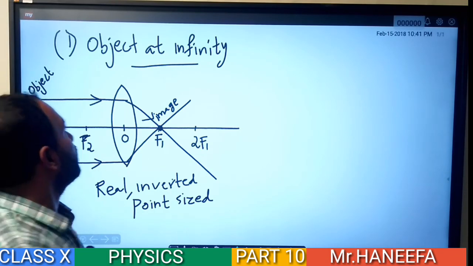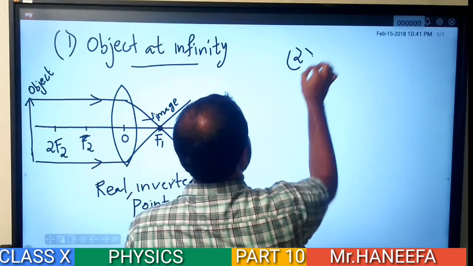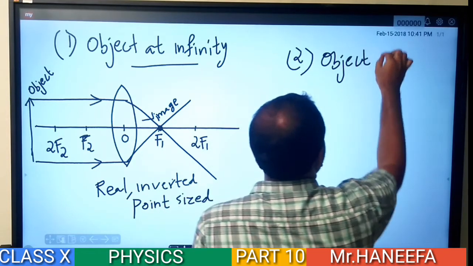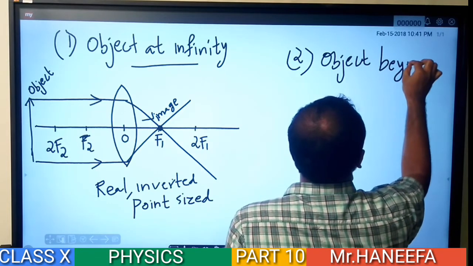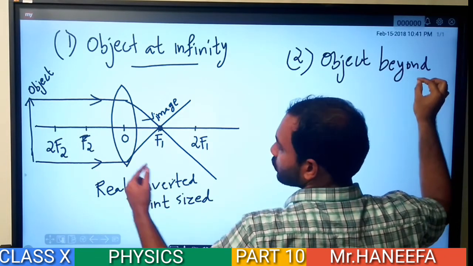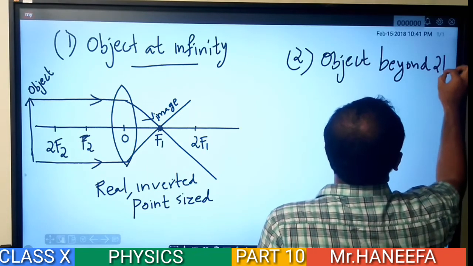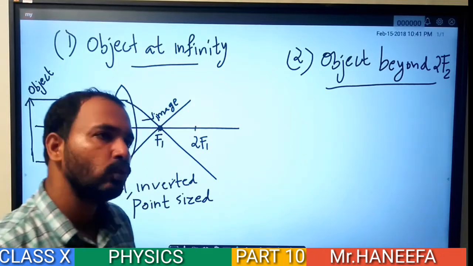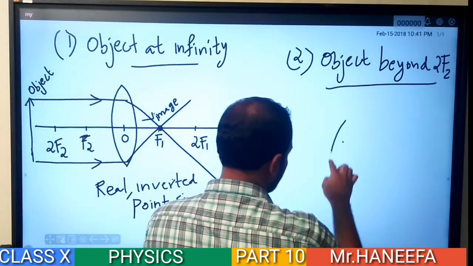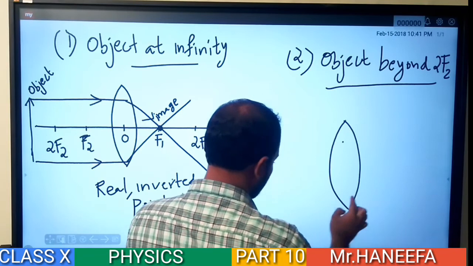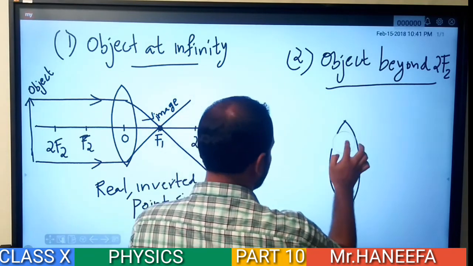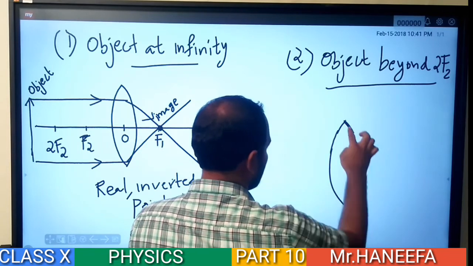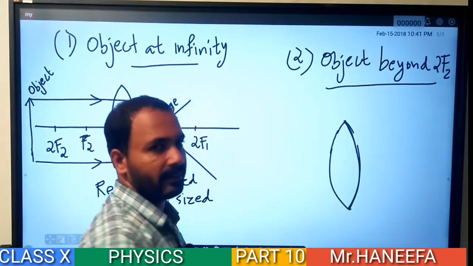Then second case, object beyond 2F2. First we draw a convex lens.